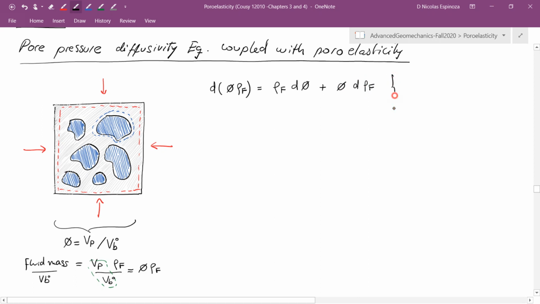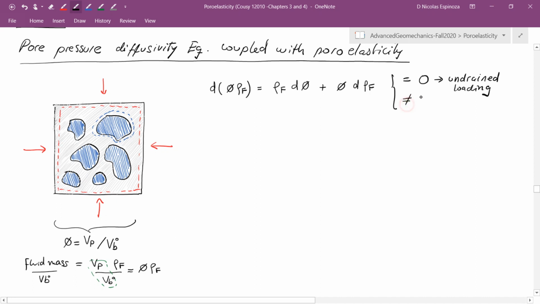For example, if I were to do this term to be exactly equal to 0, that's what is going to be defined as undrained loading, because there is no change of mass within the pore space of the fluid.